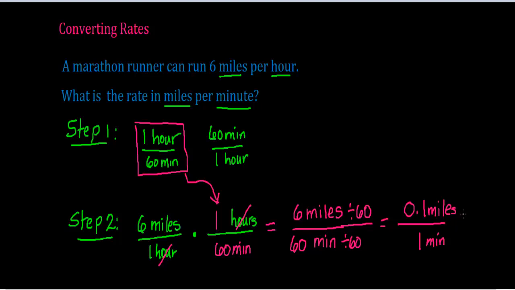And to make this look better, I'm going to write 0.1 miles per minute without writing 1, because we're really just dividing 0.1 divided by 1, which is 0.1. 0.1 miles per minute. And that's how we changed this rate from miles per hour to miles per minute.